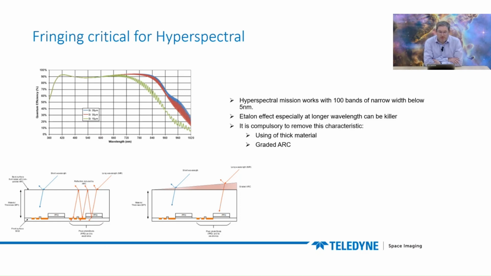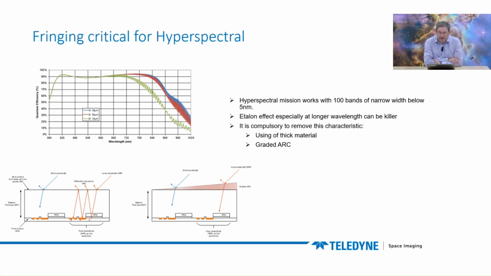The fringing is a form of oscillation, as we can see on this graph, that comes from the fact that the light coming into the detector, as we can see in the bottom drawings, from the back surface of the detector, can reach the front side of the detector, from which the light is reflected, bouncing back to the back, and part of it is transmitted back outside, creating an interference with the incoming light.